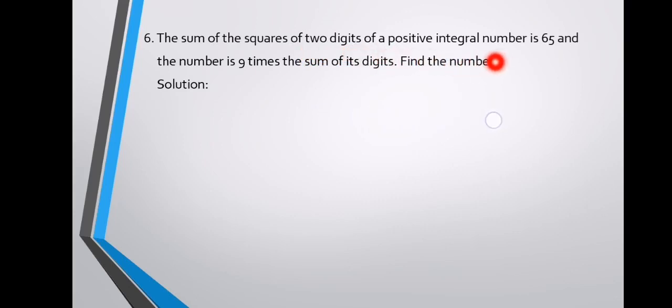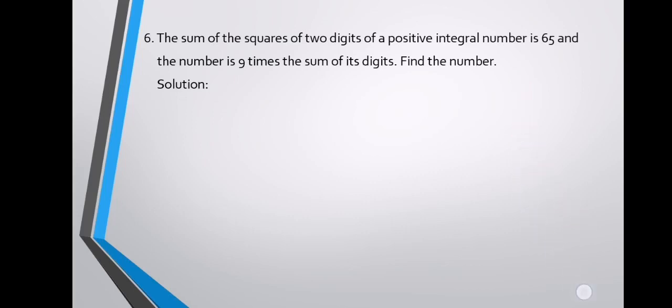We have been given that the sum of the squares of these 2 digits of a positive integral number is 65, and the number is 9 times the sum of its digits. Find the number. We cannot find the number unless we are able to find out the digits.